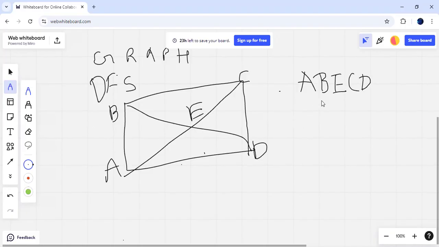Another possible solution for this would be A. Adjacent vertices for A is B, E, and D. So instead of B, we are taking E here.